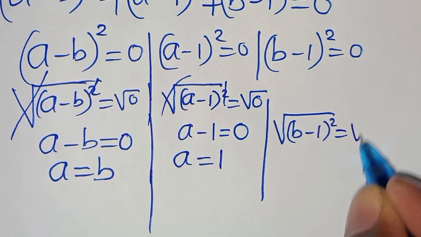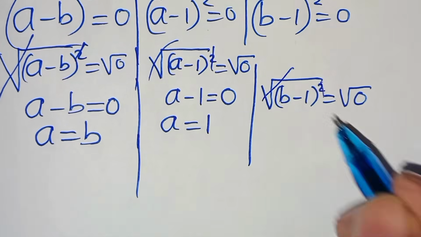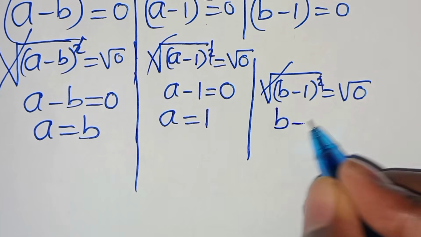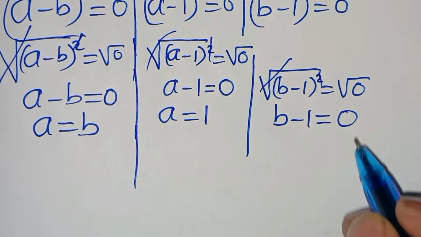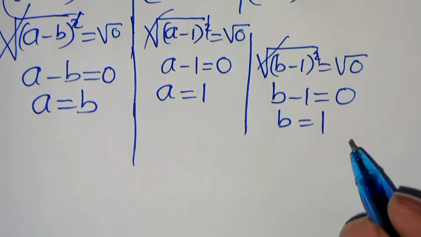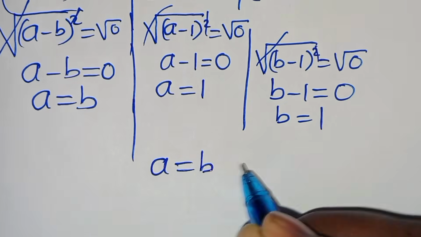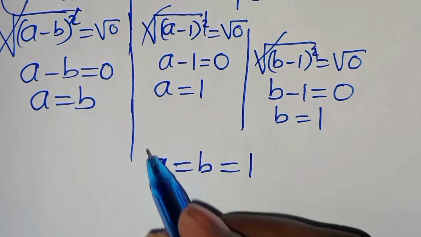This is equal to the square root of 0. Now this is to mean that b minus 1 is equal to 0. So this means that b is equal to 1. Now we have that a is equal to b, and this is equal to 1.